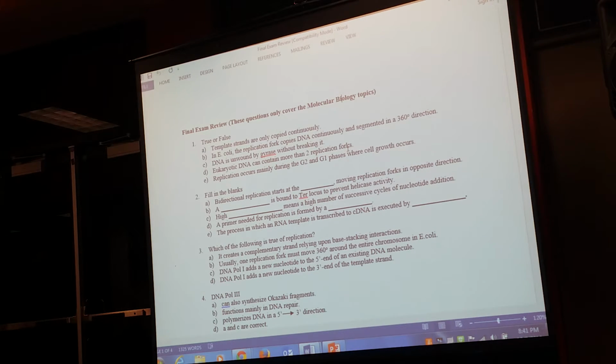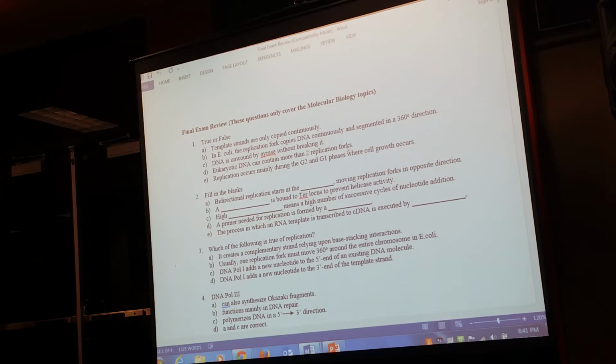I mentioned that this wasn't really mentioned in your notes, but it is true that DNA polymerase 3 can synthesize Okazaki fragments. But which one removes the primer and replaces the primer with DNA? DNA polymerase 1 does that. So DNA polymerase 3 does synthesize Okazaki fragments. DNA polymerase 1 is the one that removes the primer and replaces the primer with DNA.